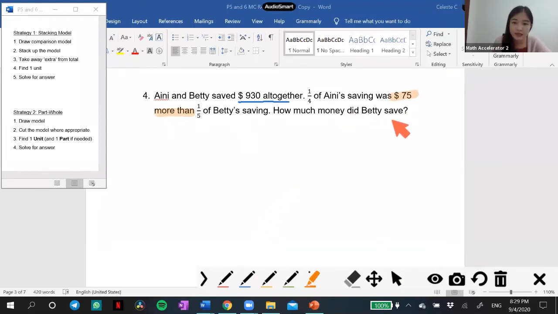How much money did Betty save? Okay, so let's draw the comparison model first, right? Aini, Betty. Aini's savings, right? 1/4 of it is 75 more than Betty.